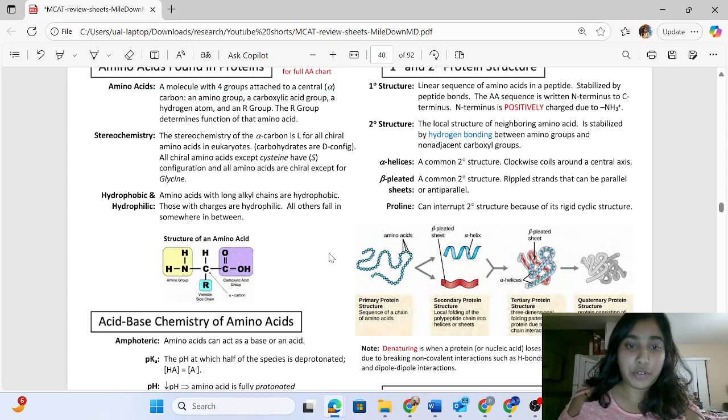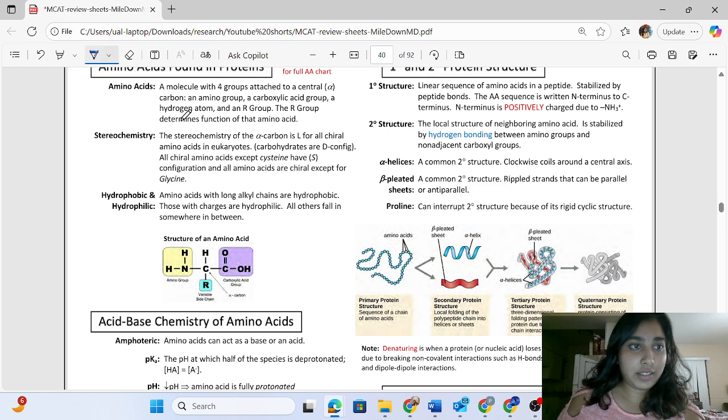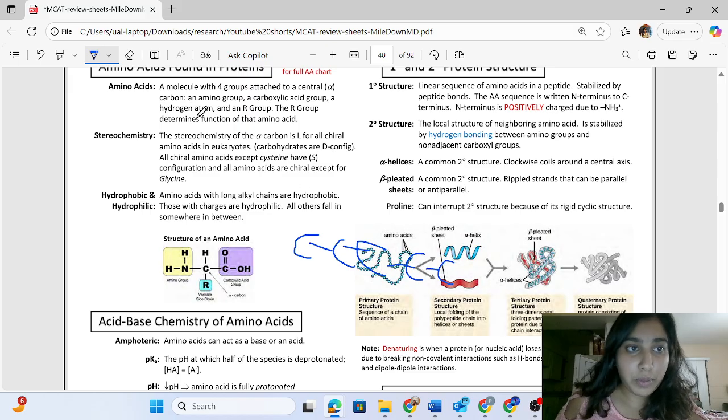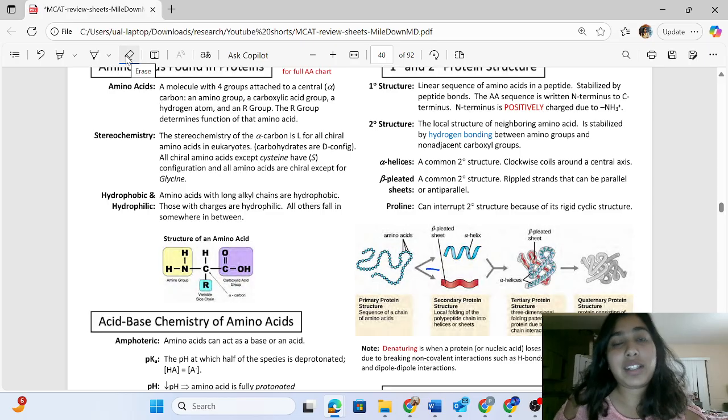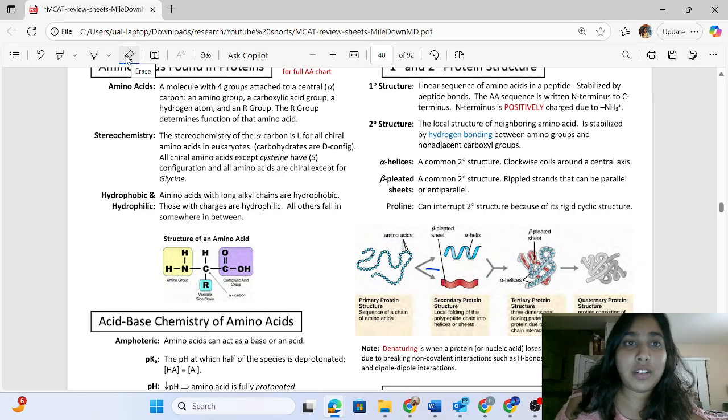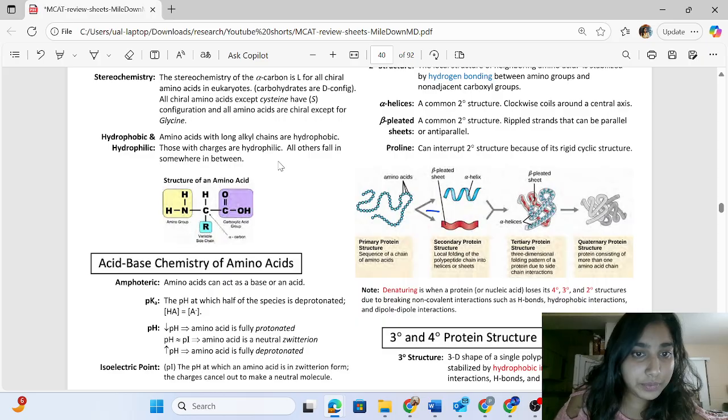So this is C, and if the R group is multiple C and C bonds, that means it's a hydrophobic amino acid. A hydrophilic amino acid would have something more hydrophilic, like an alcohol or something like that.